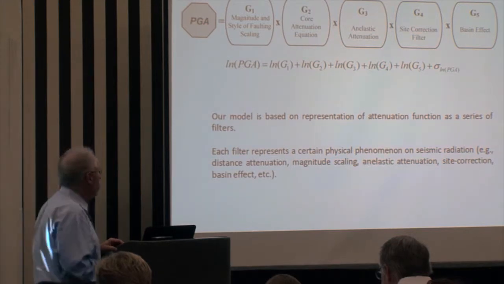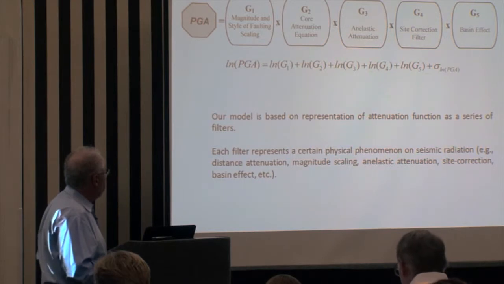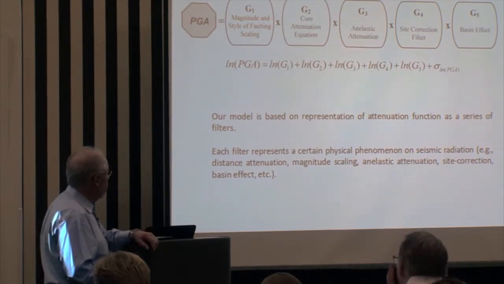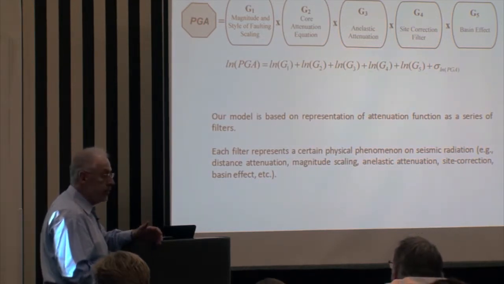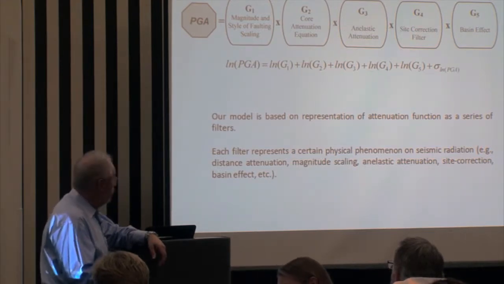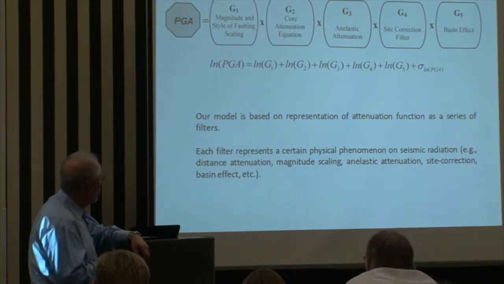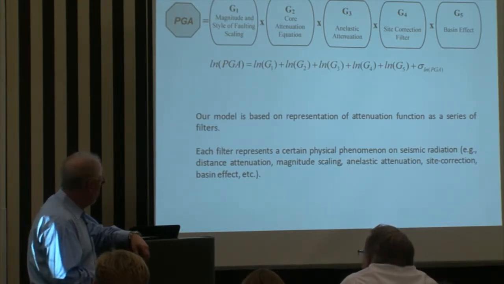The main difference is that our PGA model is structured as a bunch of filters. And each filter represents certain physical phenomena. For example, number one is magnitude scaling, core attenuation is another function, anelastic attenuation, side correction, and basin effect. That's what we have now in our PGA model.